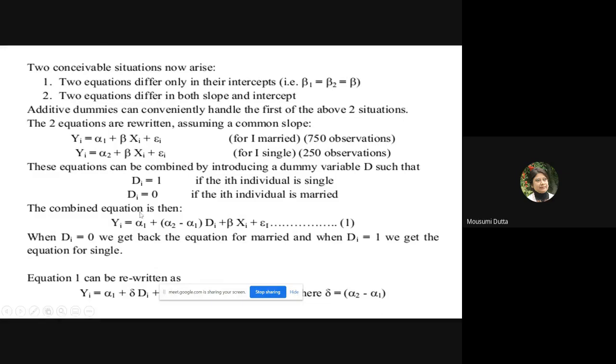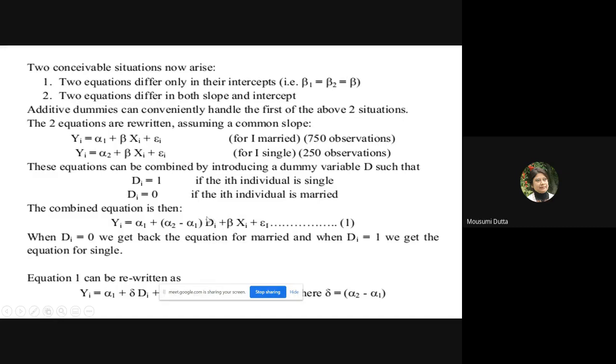So look at the combined equation. yi is equal to alpha 1 plus the difference between the intercepts of the two regression models, that is how alpha 2 is varying compared to alpha 1, the difference between the two, into di, plus beta xi plus epsilon i.